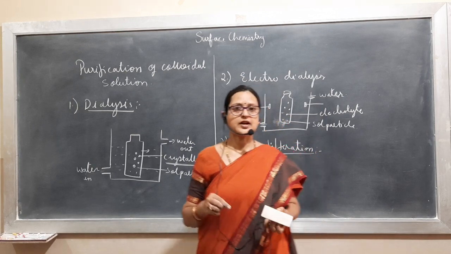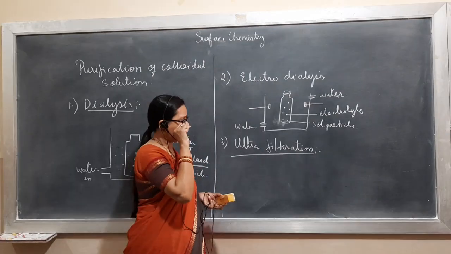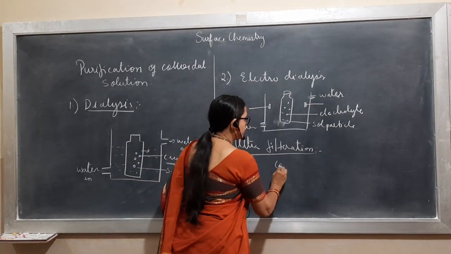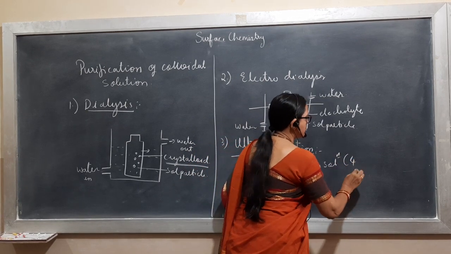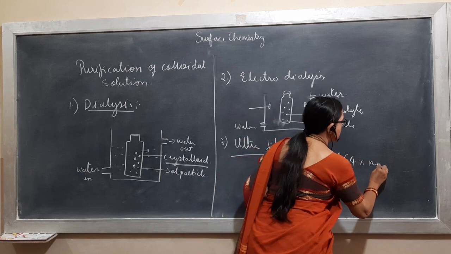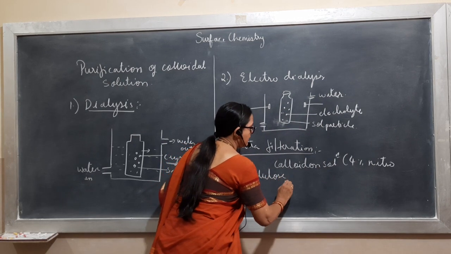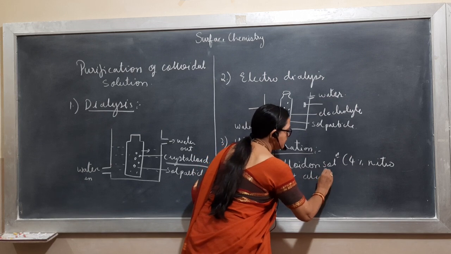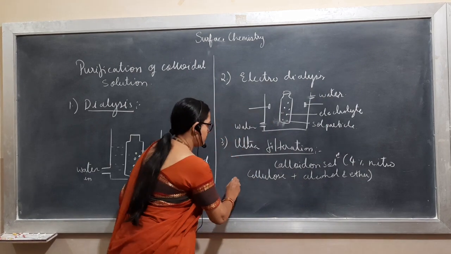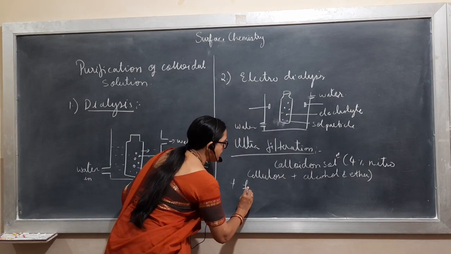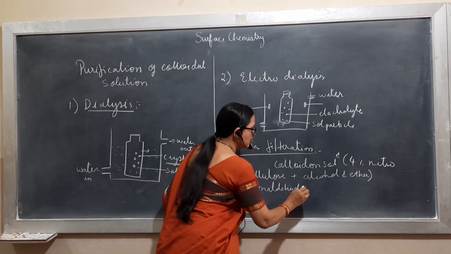This can be done if we soak this filter paper in the colloidal solution for a longer period and dry it with formaldehyde. Collodion solution is nothing but 4% nitrocellulose and alcohol and ether, and later added in formaldehyde solution to harden.